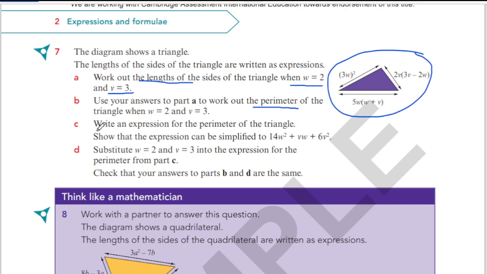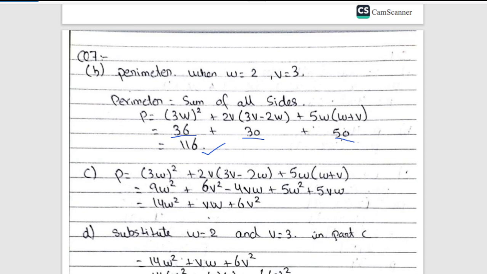So part C is: write an expression for the perimeter of the triangle to show that the expression can be simplified as 14w square plus vw plus 6v square. We just have to add the lengths in expression form.